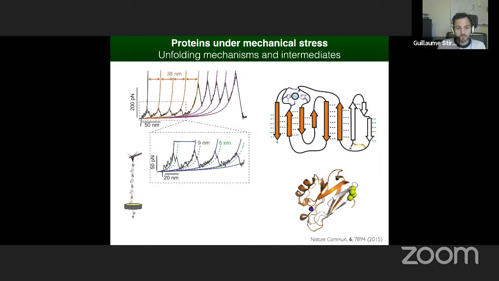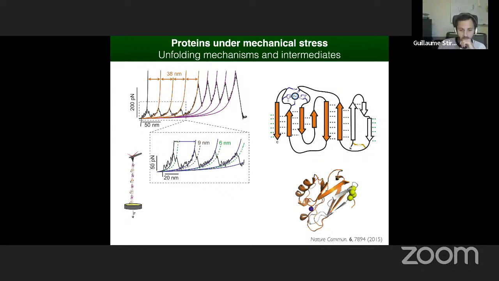And they recorded something pretty unusual when they did these constant velocity experiments. They saw intermediate peaks, right? So not only the regular sawtooth pattern here, but when you see in the zoom here, you see small peaks and additional steps in the unfolding.